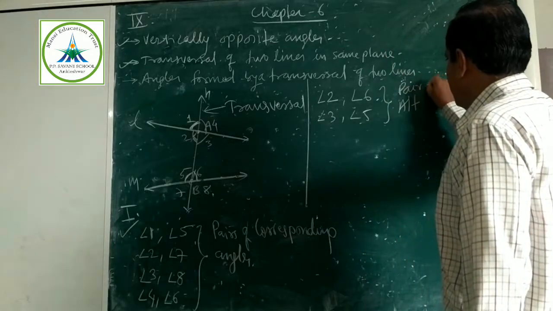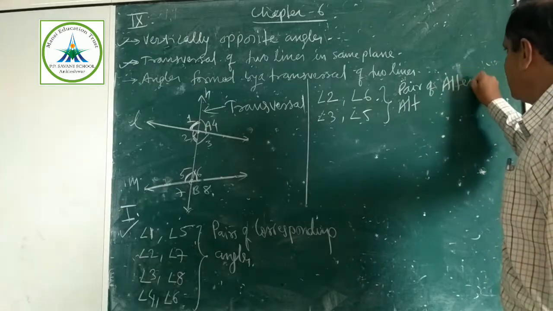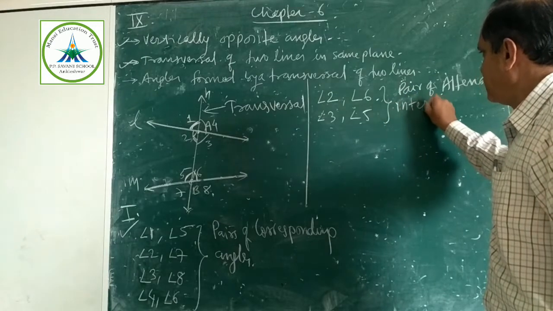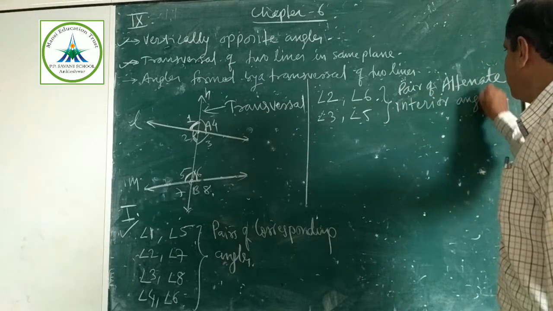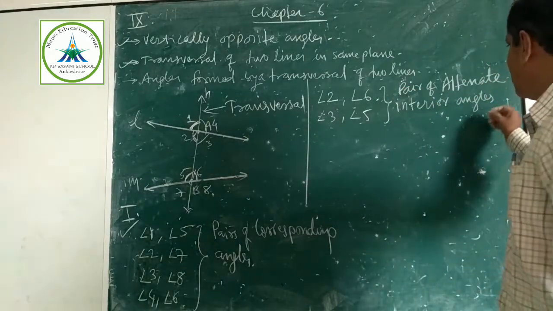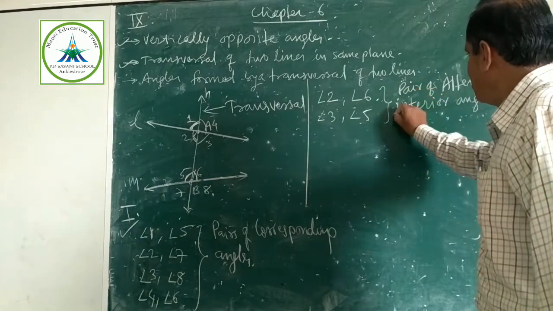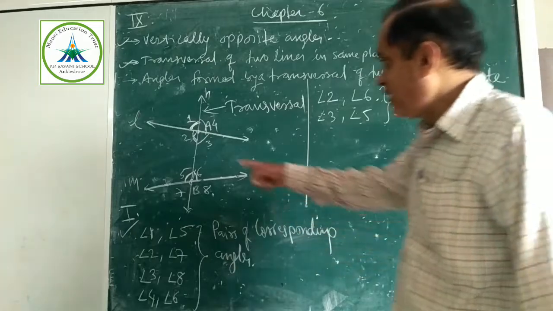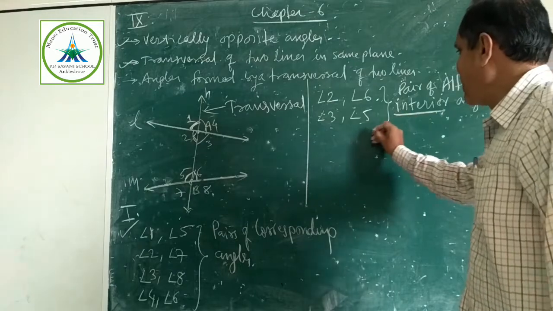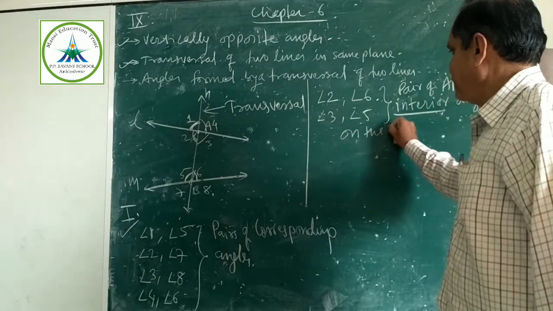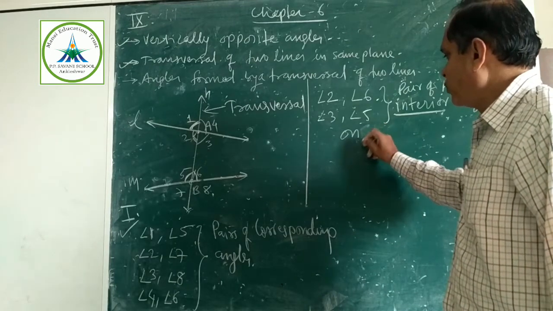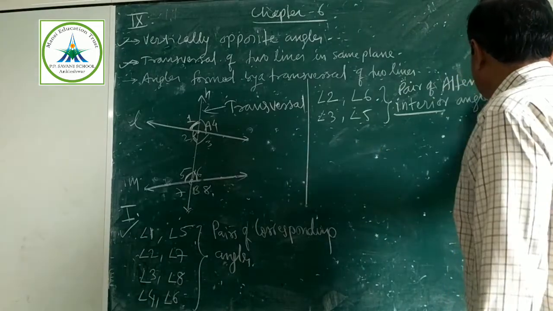Pair of alternate interior angles. I wrote interior because they are inside, so they are called alternate interior angles, on the opposite sides of the transversal.